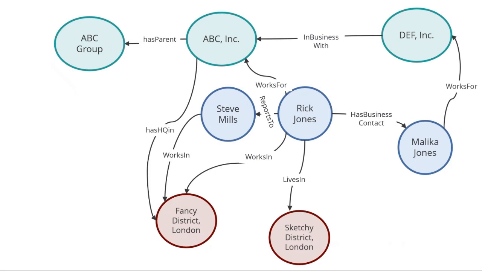They are both working for ABC International Company, while Rick also has constant business contact with Malika Jones, who works for their customer, DF International. And because Steve and Rick work for the same company, they are working at the same fancy district address in London. And this is how you could build this graph based on these things.